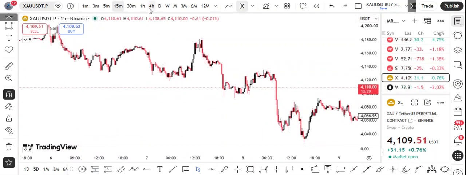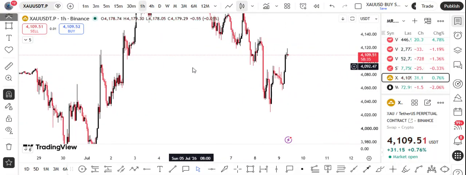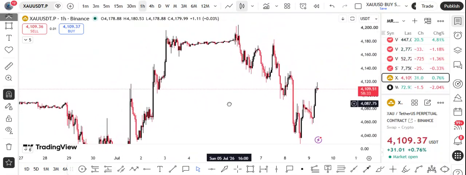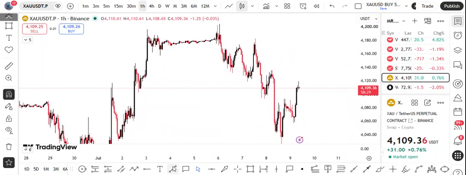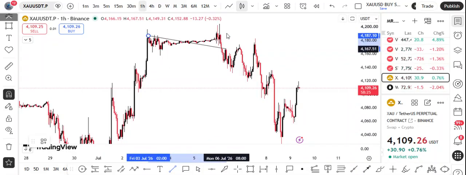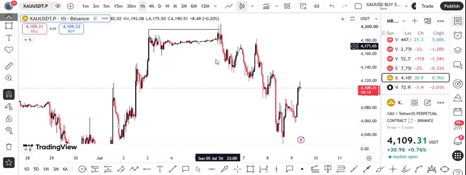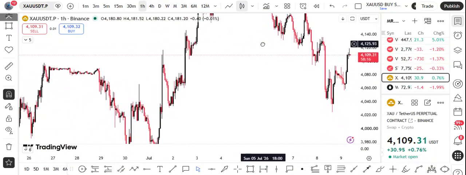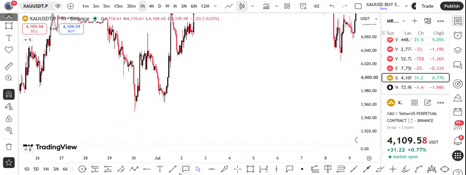So let's go to H1 because we are doing intraday, right? So when we look at the market here, we moved away from this high here. We shifted from this high, actually soon after that high was taken, and we're given this low.